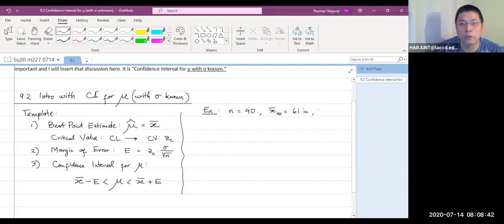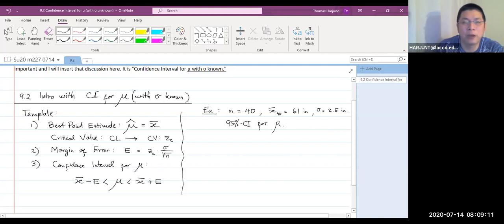While it is known from the past that the population standard deviation of adults' height is 2.5 inches. Now, suppose we want to know the 95% confidence interval for the population mean.